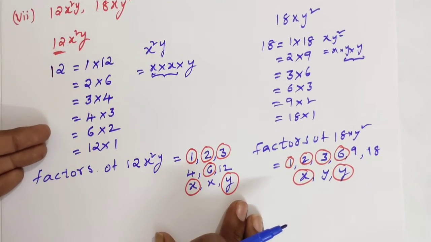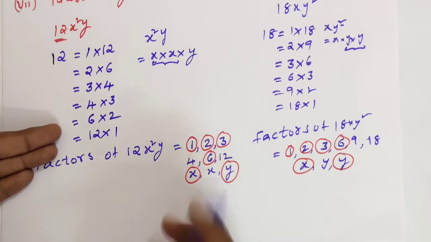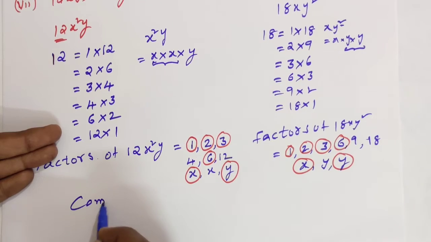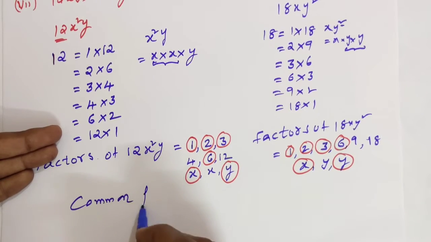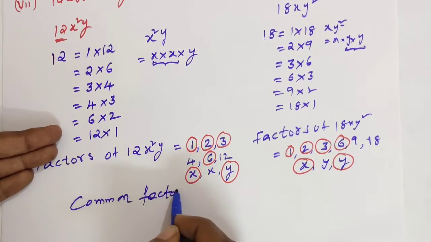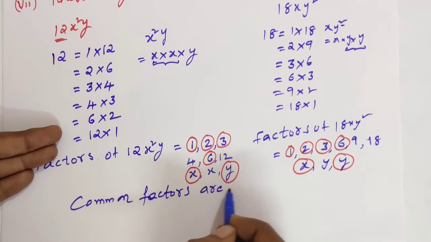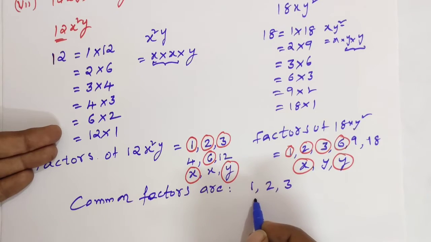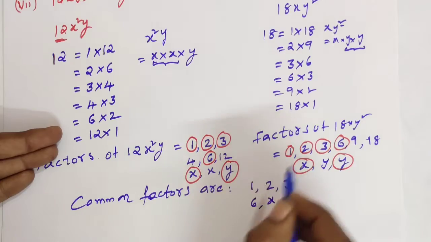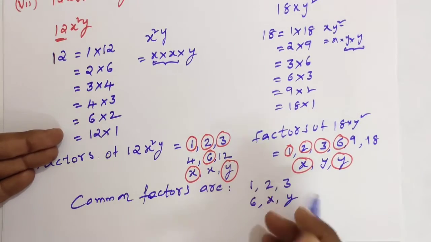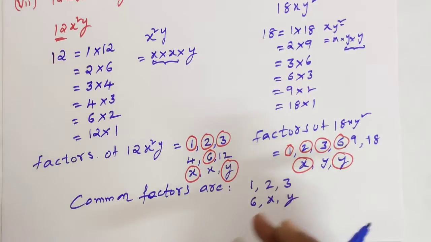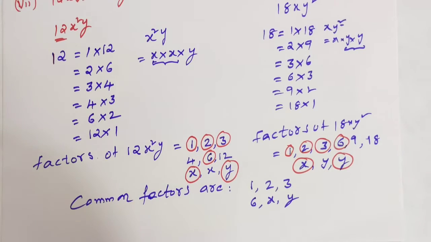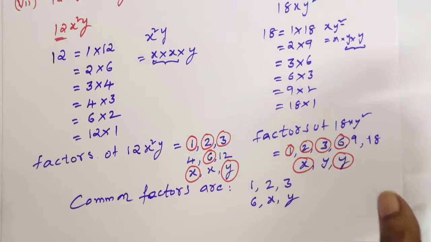So here common factors are simply 1, 2, 3, 6, x, y, which are rounded in the above. Okay, so these are the common factors of given terms. So this way we can write the common factors.